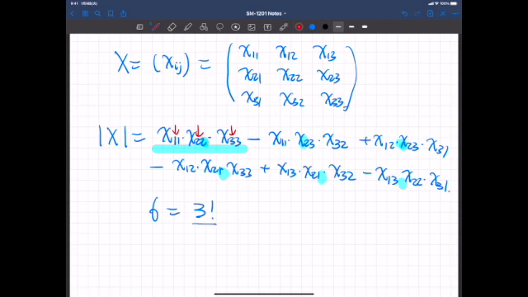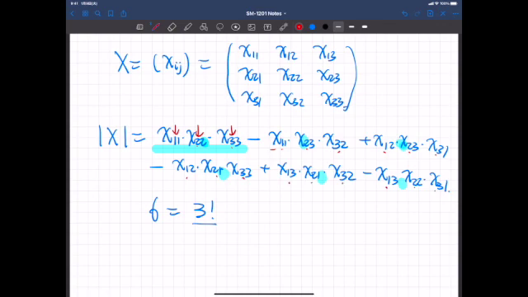There is no redundancy. 1 appears only once in the first index, and 2 appears only once, and 3 appears only once. And this is the case for all terms.